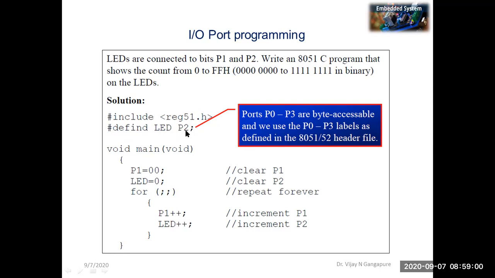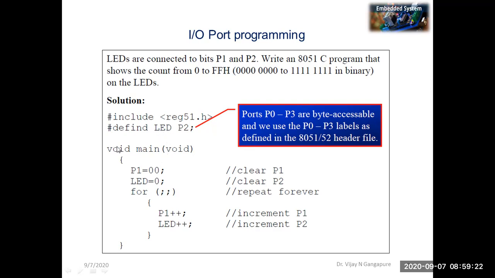It is representing P2. Means instead of using the standard name P2 for port 2, I will use LED. This is just for illustration; in this way also we can do programming.